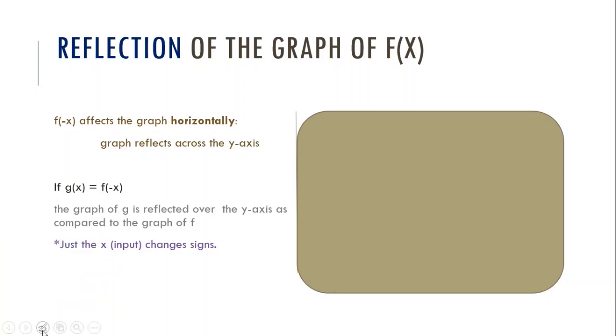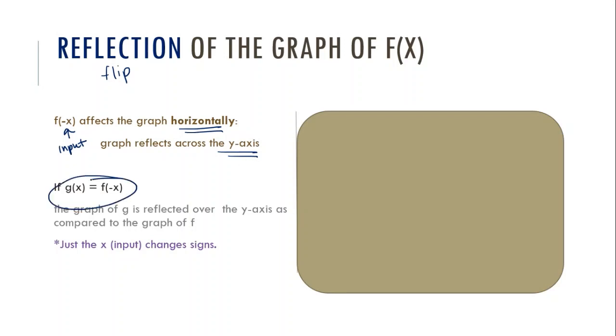And when I'm talking about reflecting something, I'm really talking about flipping it, okay? And we look at how we can flip it over the axes specifically. So f of negative x, okay, so this is changing the input, just the x, affects the graph horizontally when we cross the y-axis.